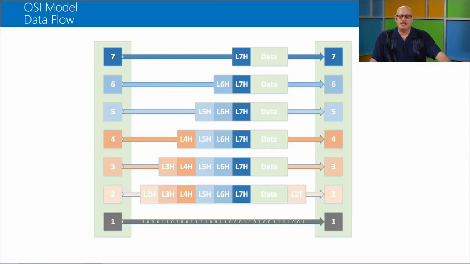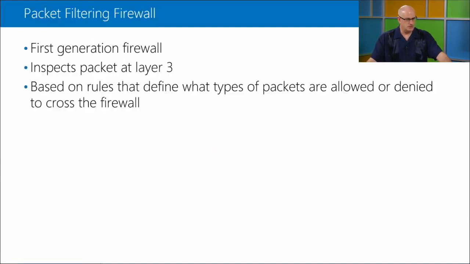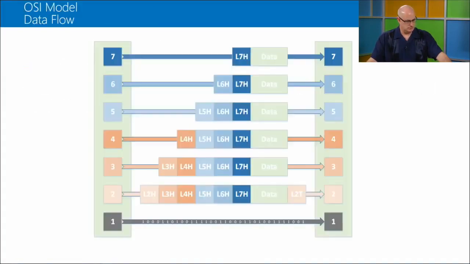The OSI model data flow. This shows you how a packet enters at the top of the model, where we have the packet and the data.